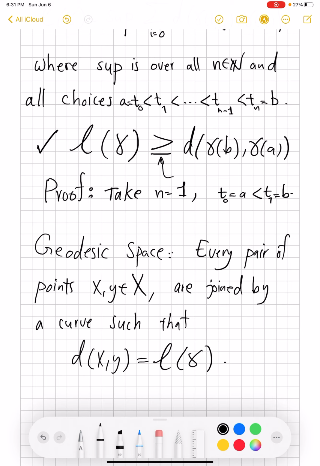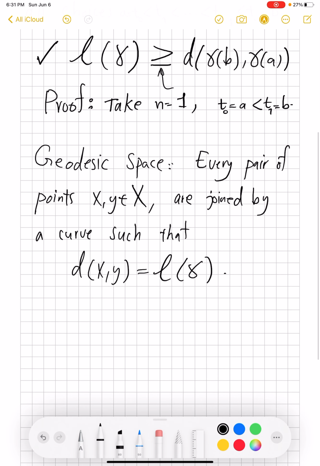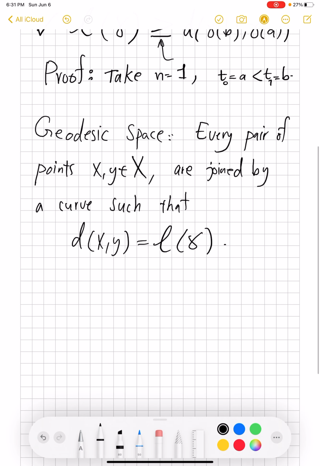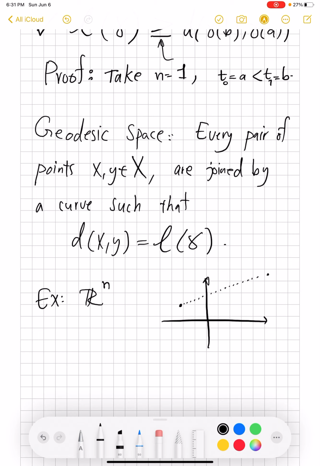So if the distance is always realized as a length, examples of course will be any Euclidean space. You have any 2 points, and the distance is actually the length of the line that connects them. This is your curve gamma, its length equals the distance of them.